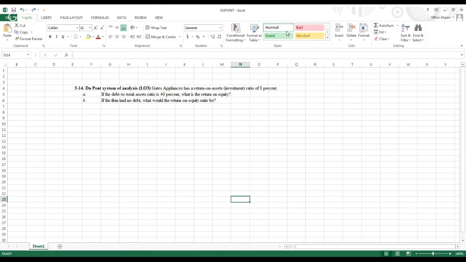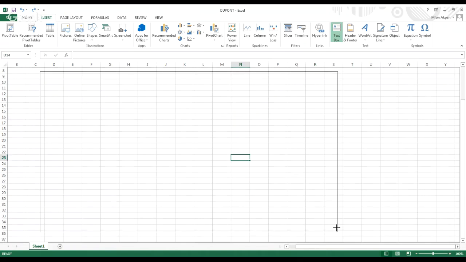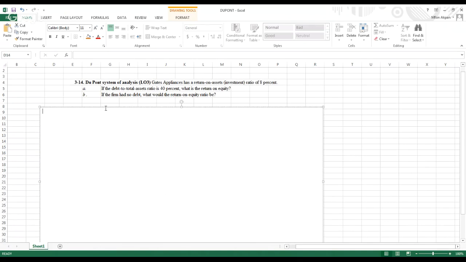Let's take a look at the formula again, just to give a refresh, and then we'll look at the equation.